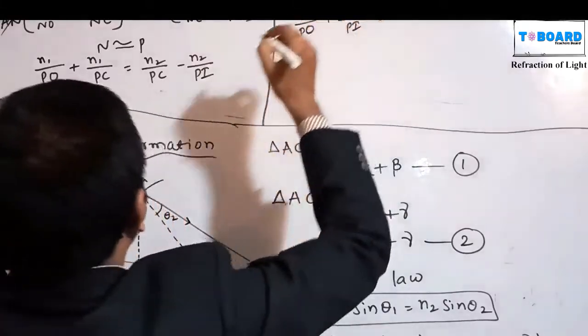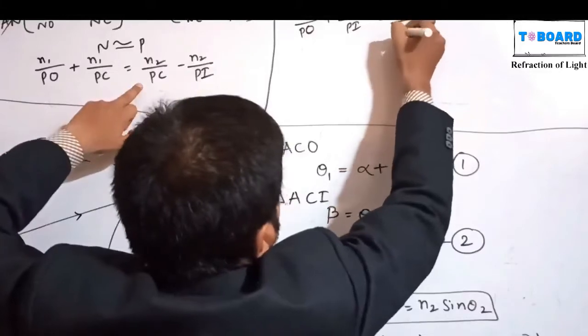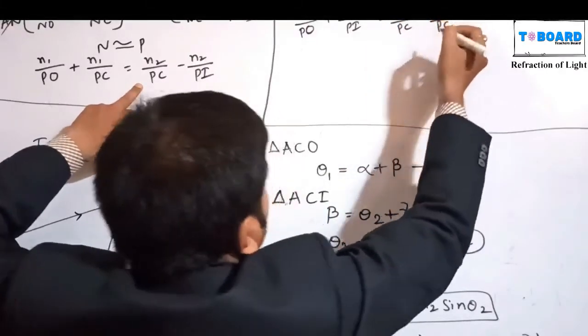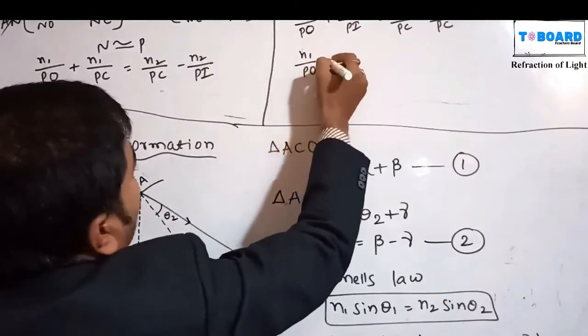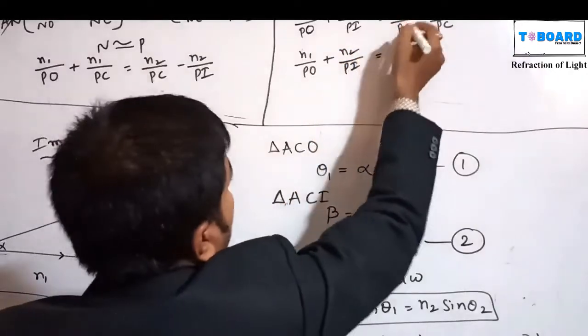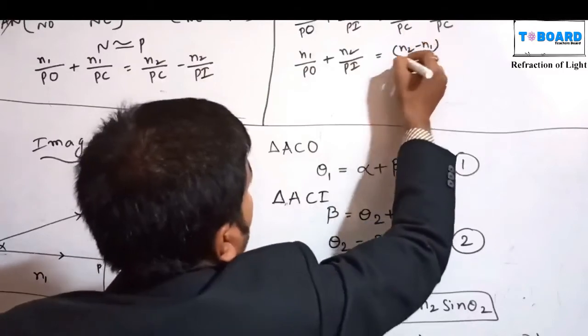PC is on both sides of the equal sign. So N1 by PO plus N2 by PI is equal to N2 by PC minus N1 by PC. Taking a common denominator, N1 by PO plus N2 by PI equals N2 minus N1 by PC.